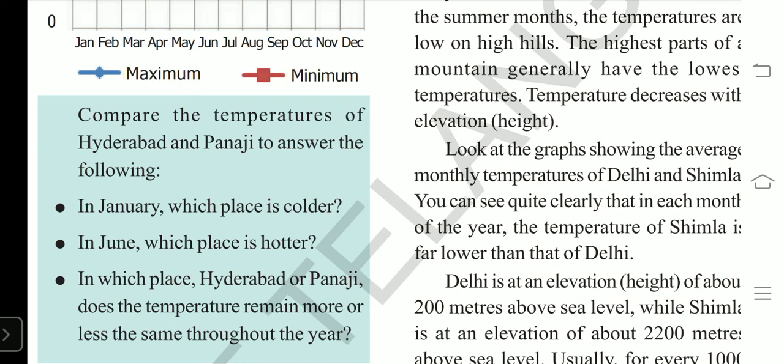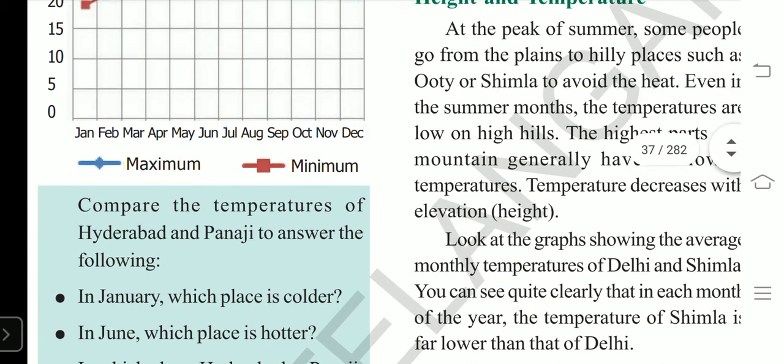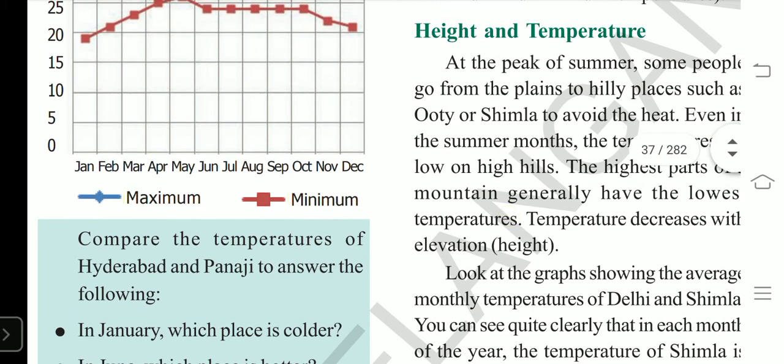So when the cold sea breeze blows towards a place near the sea, we will find a temperature drop in that area, understand? At night time there will be a constant temperature maintained.